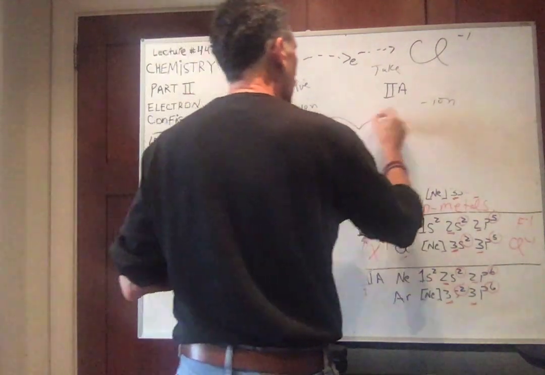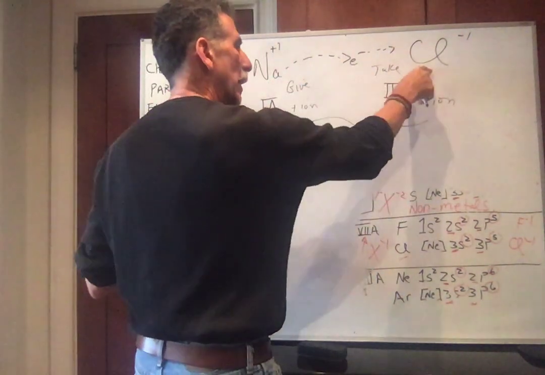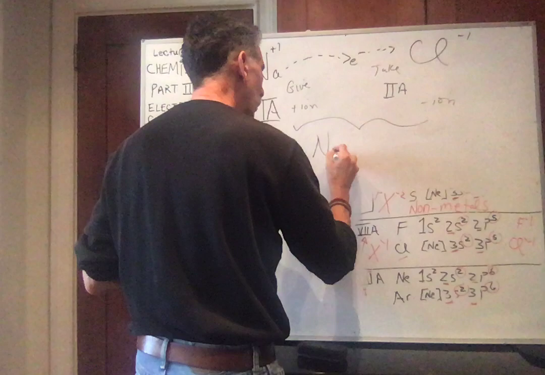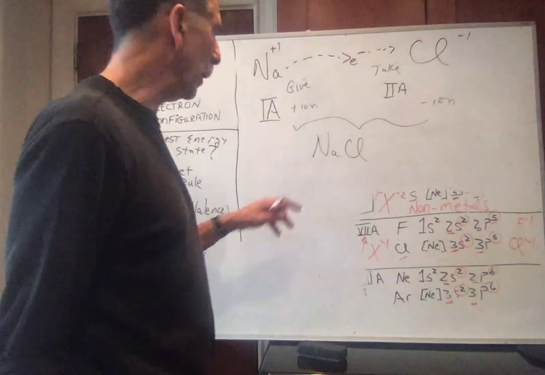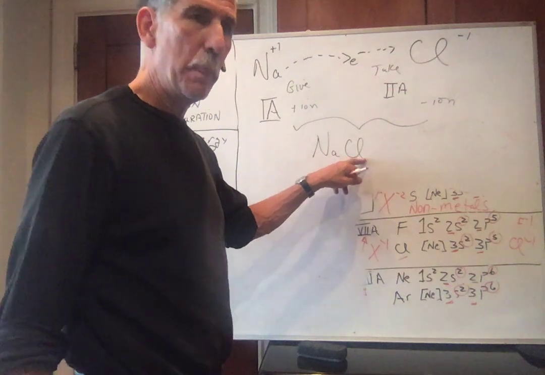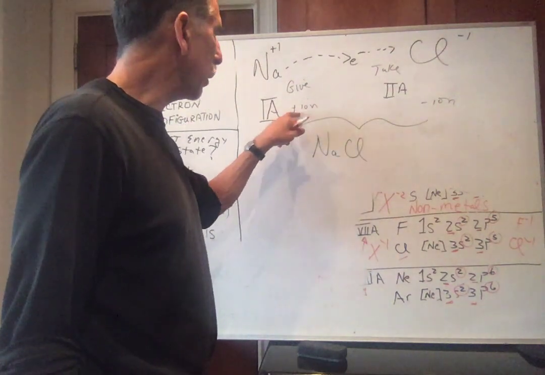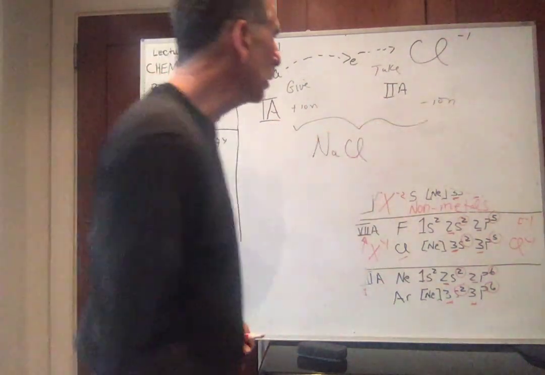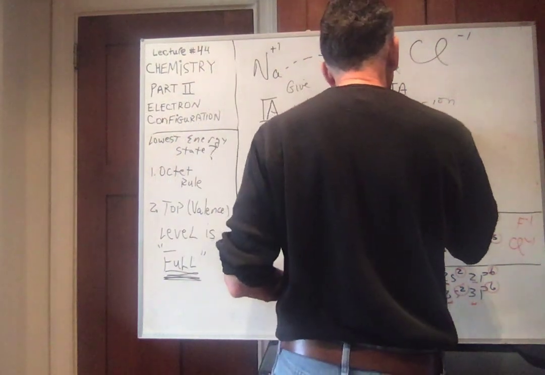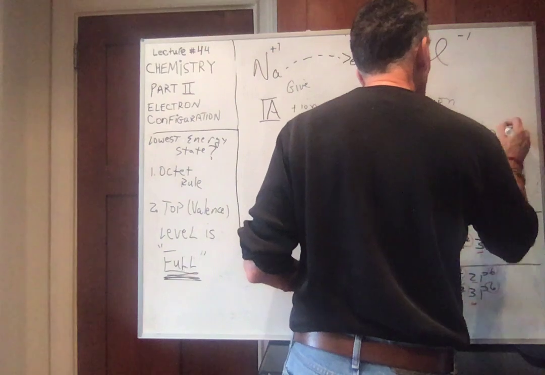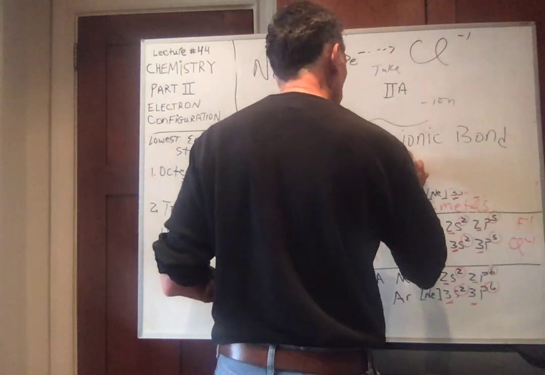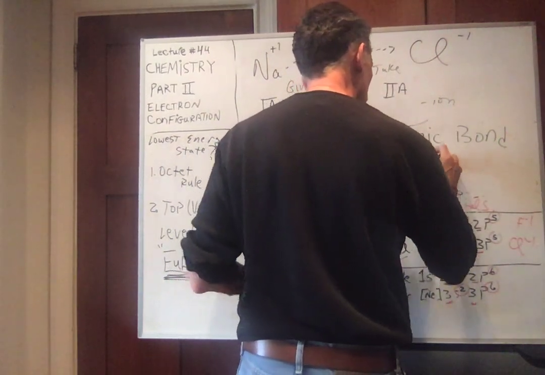Okay? So this gives one electron, this takes one electron. So we have our famous table salt. We'll name it in a bit, sodium chloride. Okay, because you have a plus ion with a minus ion, this is called an ionic bond. Okay, so ionic bonds are going to be between metals and nonmetals.